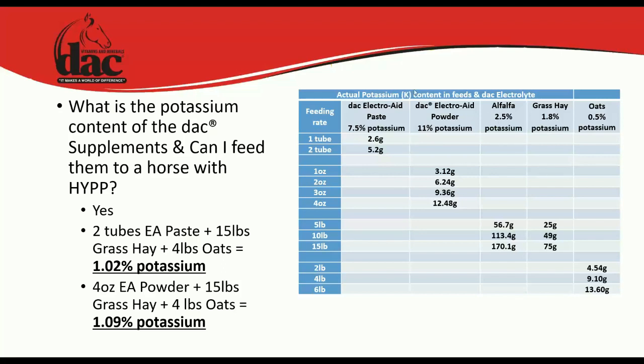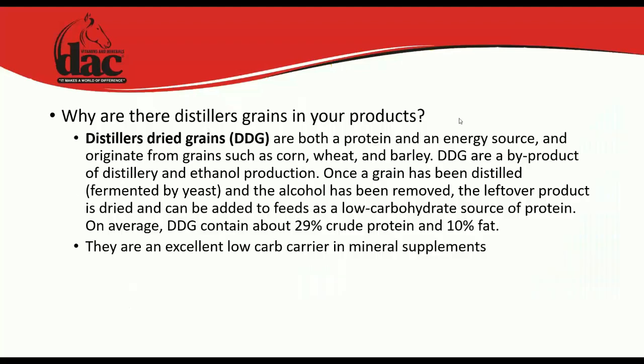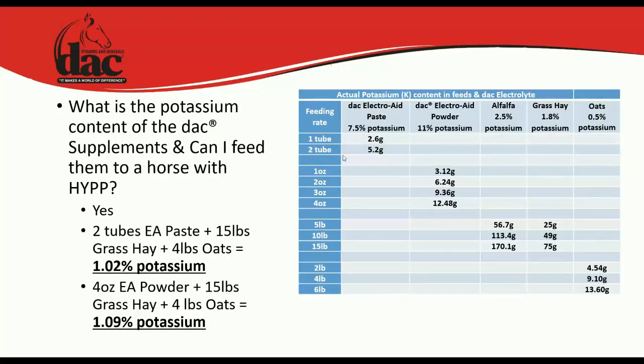Well, I'll look at the top line here where it says DAC electroaid paste. It's 7.5% potassium. The powder is 11% potassium. Alfalfa hay is 2.5% potassium, grass hay 1.8, and oats is 0.5% potassium.